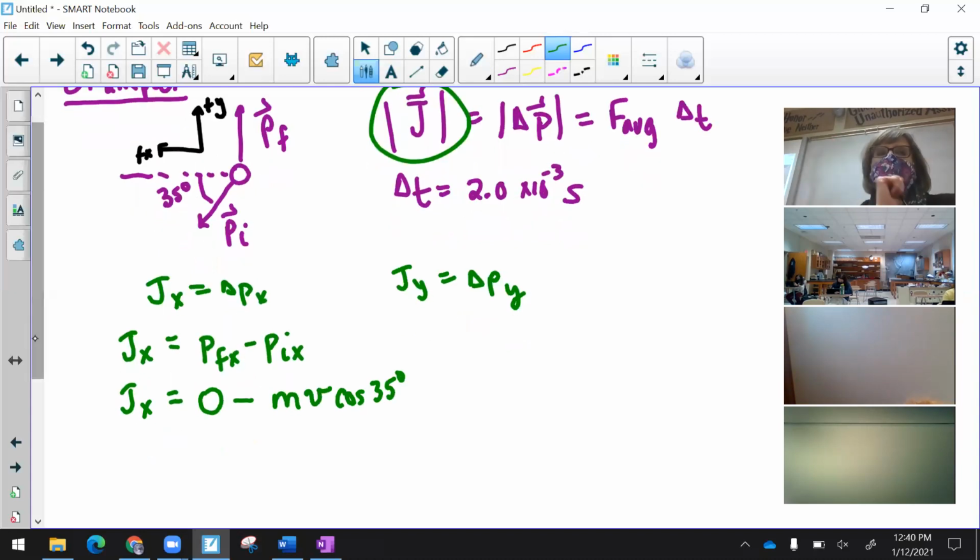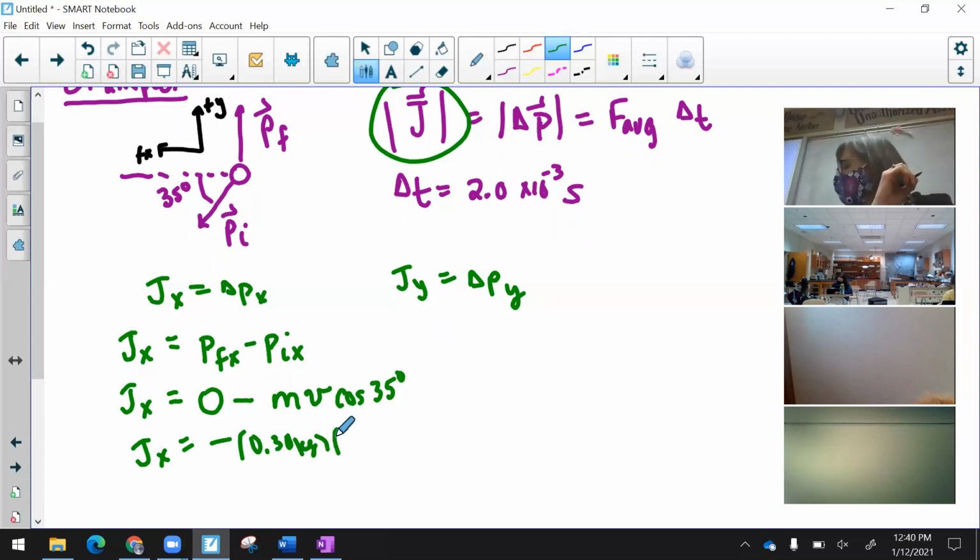And that's going to be in the positive direction, right? So there's some negative sign there, but that's from math. It's an arithmetic negative sign. So m is going to be 0.30 kilograms. We know that it has that initial velocity of 12 meters per second times cosine 35 degrees.